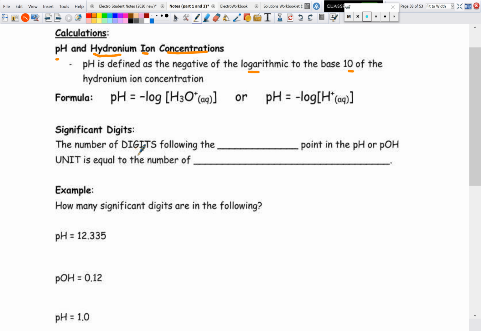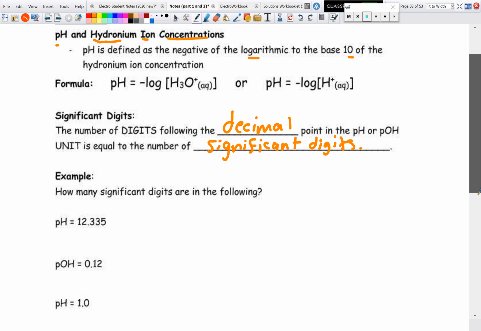For significant digits, the number of digits following the decimal point in the pH or pOH unit is equal to the number of significant digits. What that means is that we don't care about how many total significant digits there are.